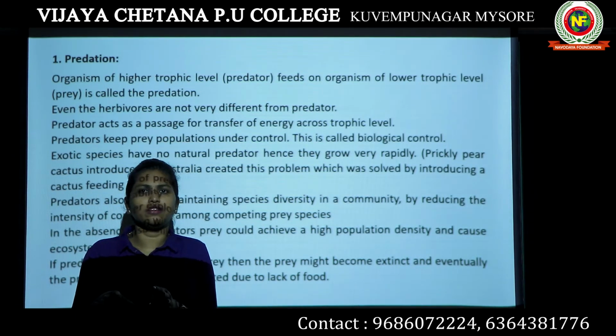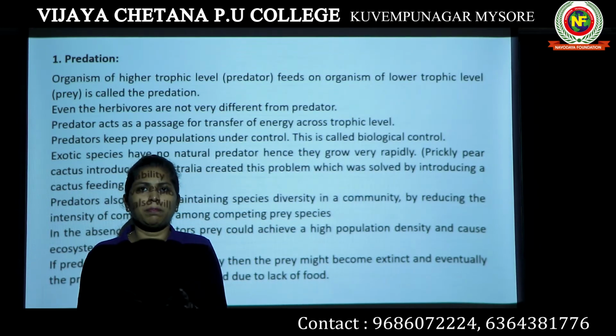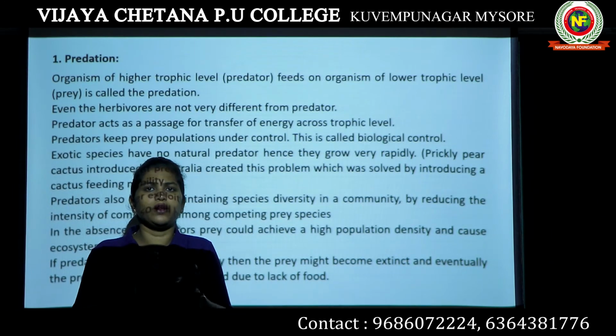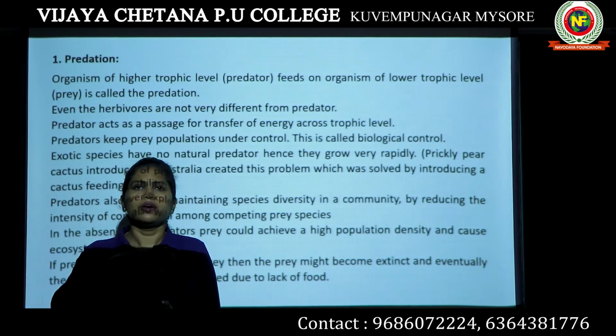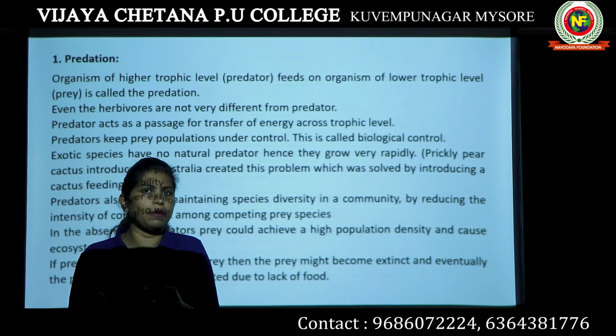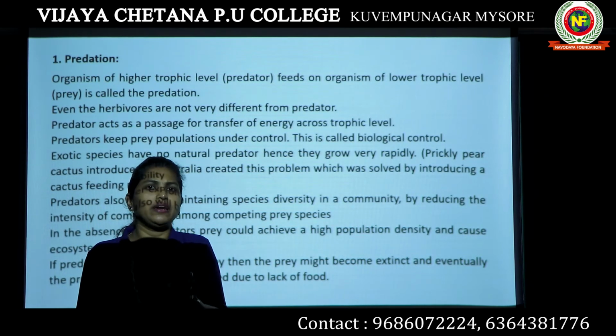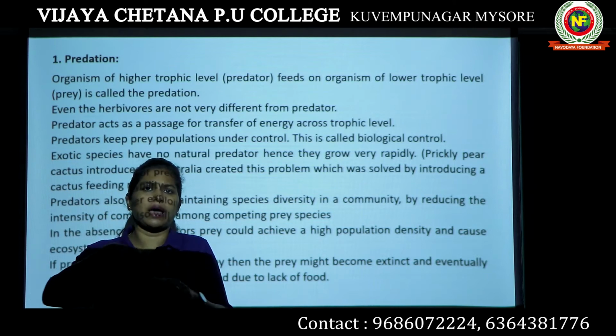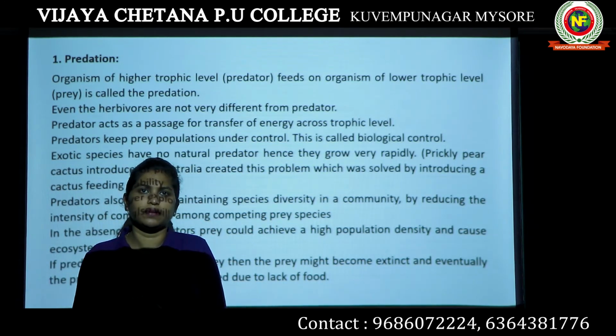Initially there were 100 deer fighting for a certain number of plants. Now the number has been reduced to 50%. Now there are only 50 deer in that particular population. So predation is not always bad. Predation also maintains species diversity. It reduces the competition happening between the prey species.